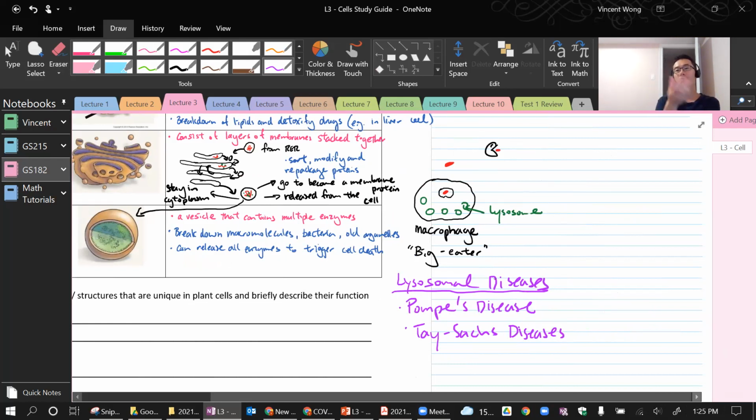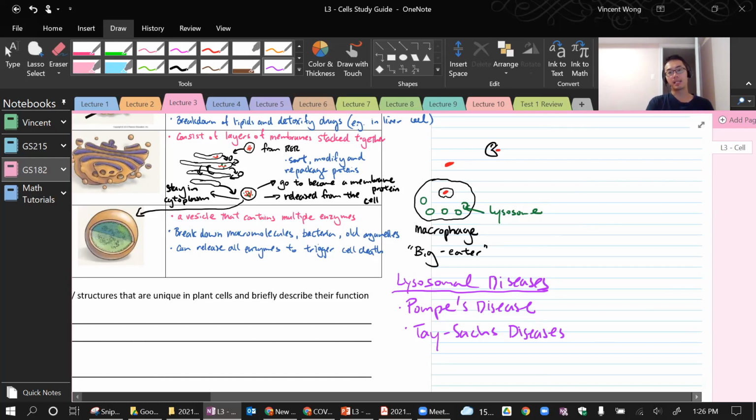So if there is some mutation in the DNA that causes one of these enzymes to be misfolded, for example, right? We talked about the key and lock relationship between an enzyme and its substrate. So if you mutate the DNA and the enzyme is a different shape, then it will not work. So if one of these lysosomal enzymes doesn't work, then you might not be able to break down whatever you're supposed to break down.